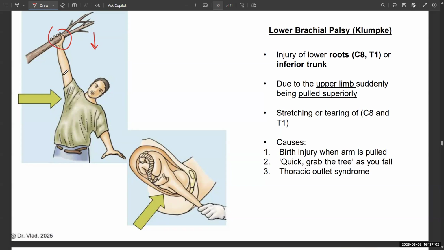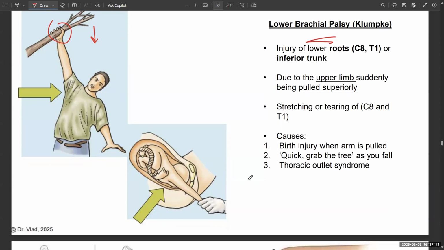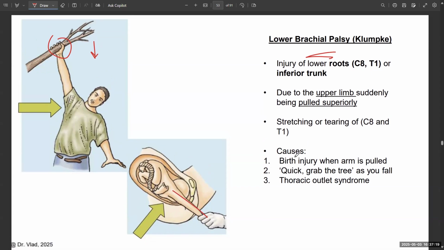It is going to cause his arm to be pulled upwards very suddenly, okay? And that is going to cause a brachial palsy of the lower plexus. And also during birth, again, if you have the baby and you pull the arm out, that is going to cause the palsy. And thoracic outlet syndrome is also a cause of Klumpke.